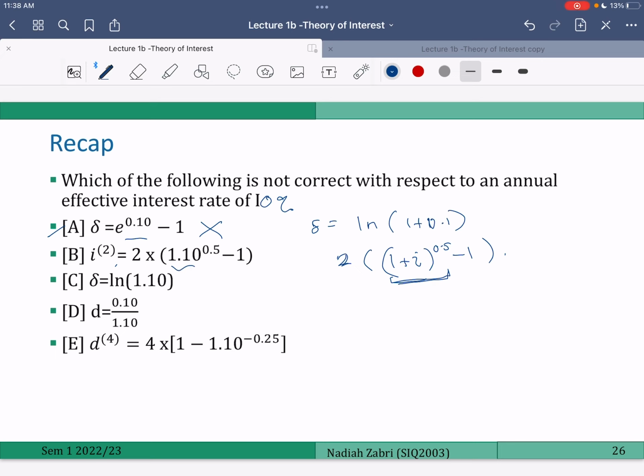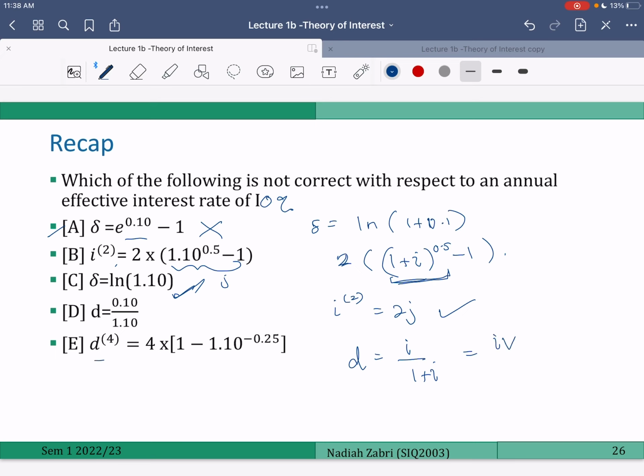So this whole thing is actually j, so you get I upper 2 equals 2 times j. Is it correct? Yes. This one, delta equals ln 1 plus I. Correct. What about this one? D equals I over 1 plus I. Is it correct? Yes. Or you can also write it as I v.